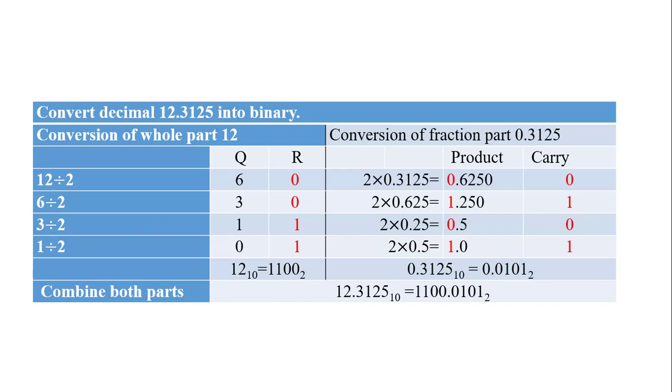This is the conversion of 12, and this is the conversion of 0.3125. Combine both results, and we get the corresponding binary number.